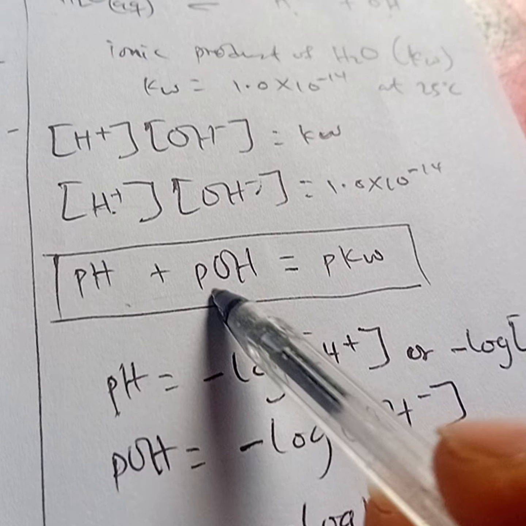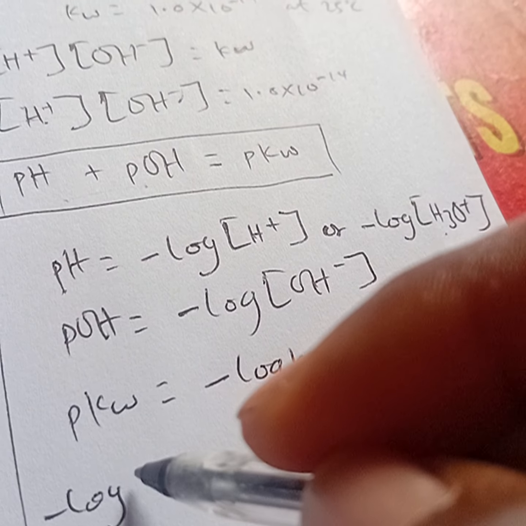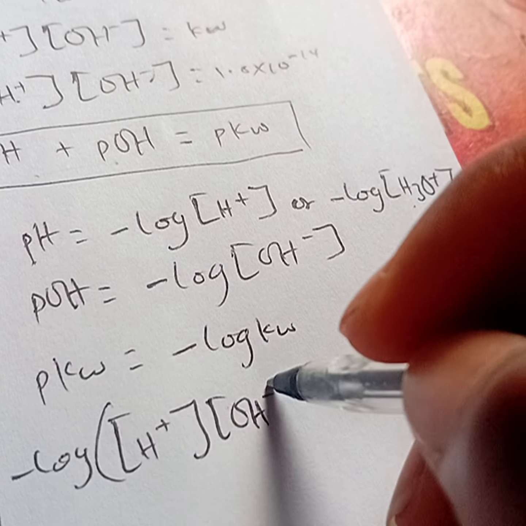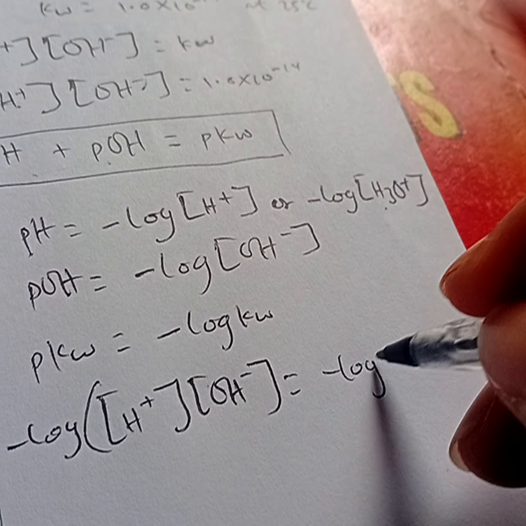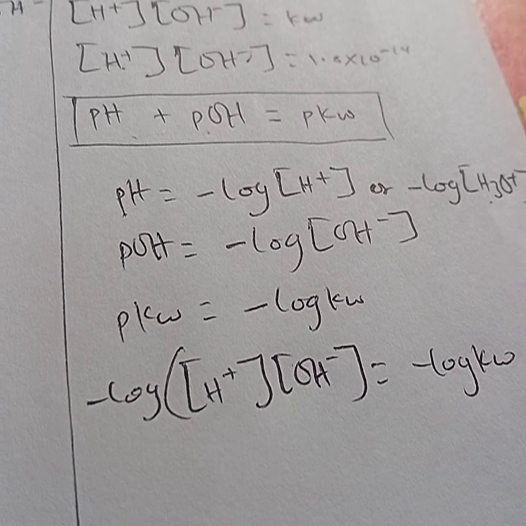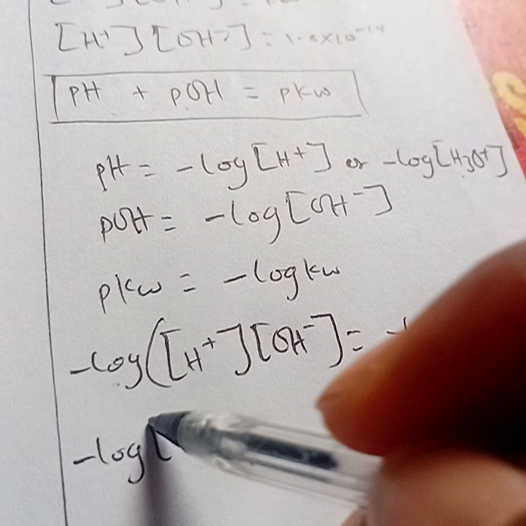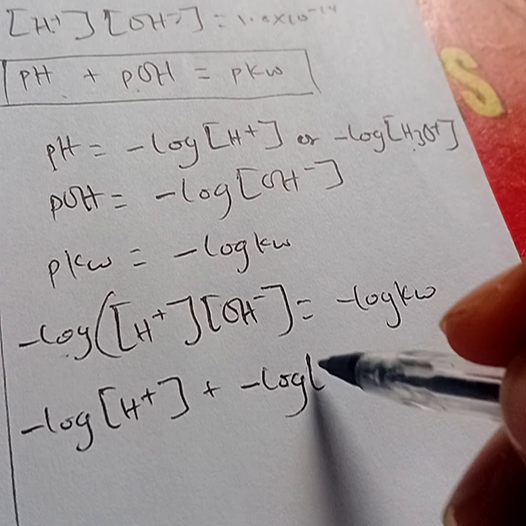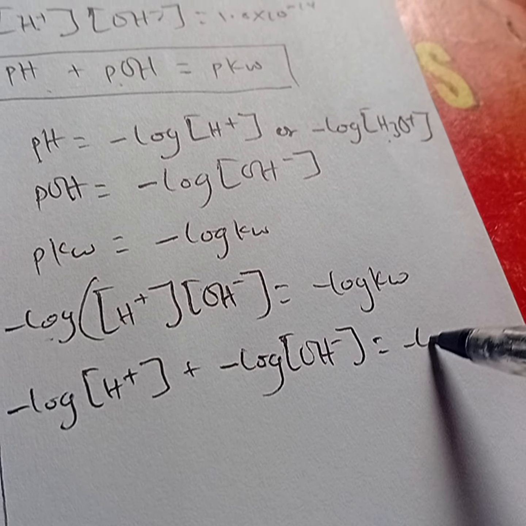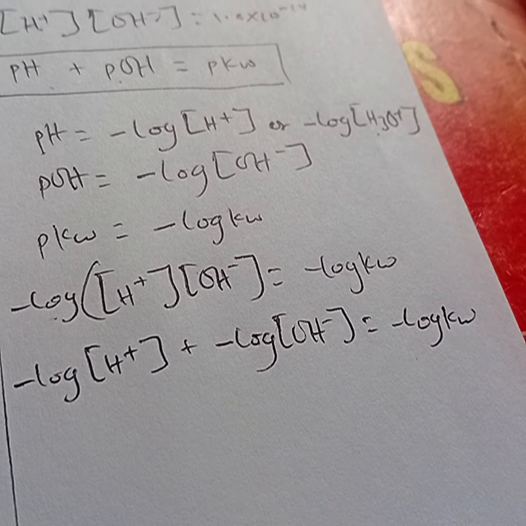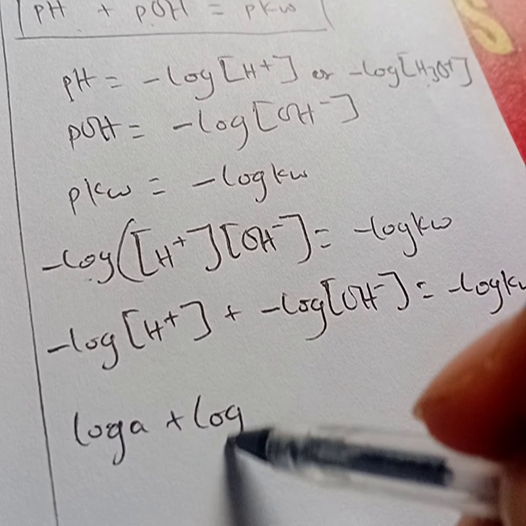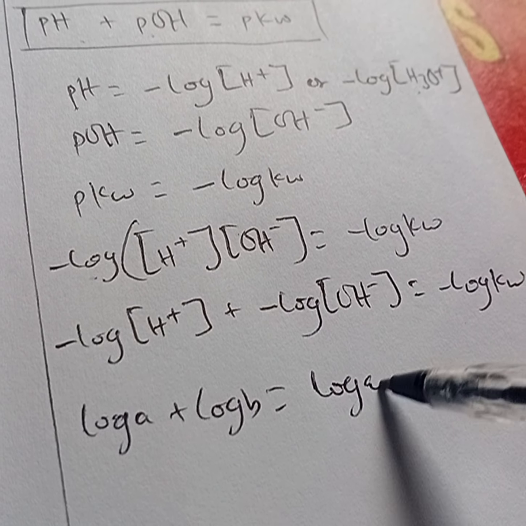So how did I arrive at this? In this equation here, I took the negative log of everything. I expanded it: negative log of H plus, negative log of OH minus, equals negative log of Kw. I did it because if you have log A plus log B, it is going to give you log AB.